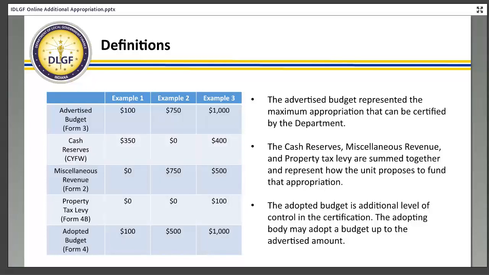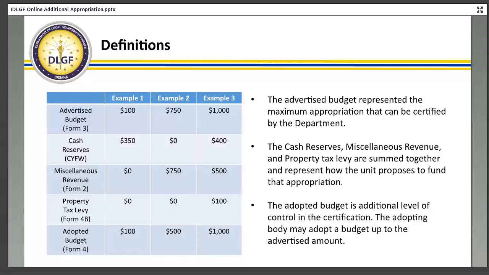The next 3 lines, our stand-in cash reserves, the miscellaneous revenue, and the property tax levy are summed together in order to calculate how that budget will be funded during the course of the year.